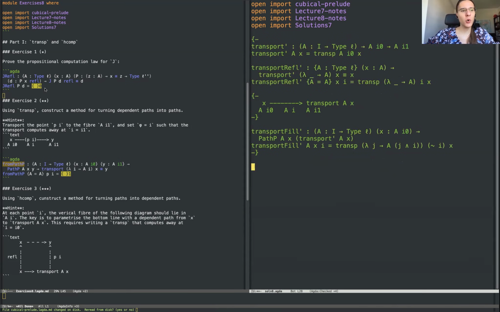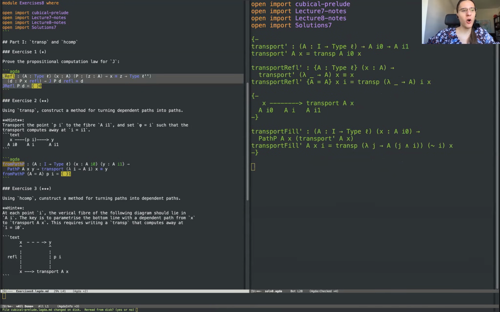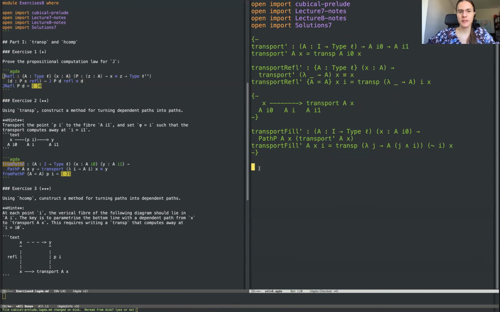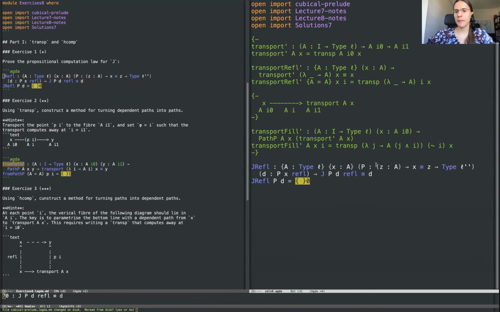Okay, so let's start off with JREFL, the computation law for J. Now, we're given basically a family that's parameterized by a base path space. So we're going to keep x fixed, and then for any other endpoint z and a path from x to z, we have a type.